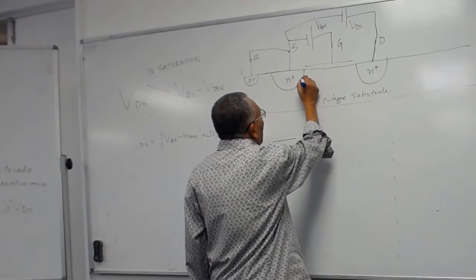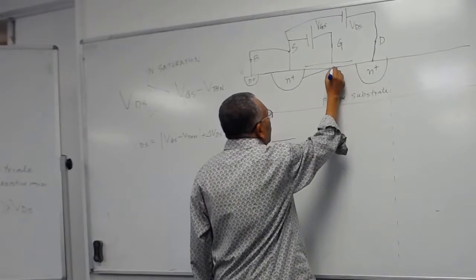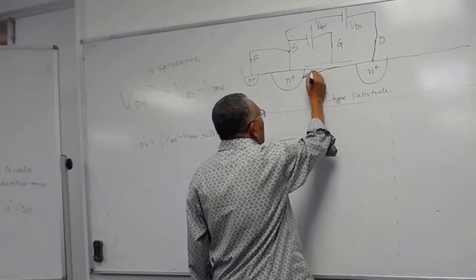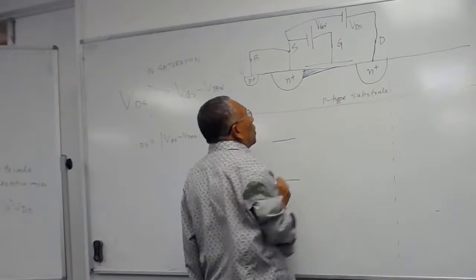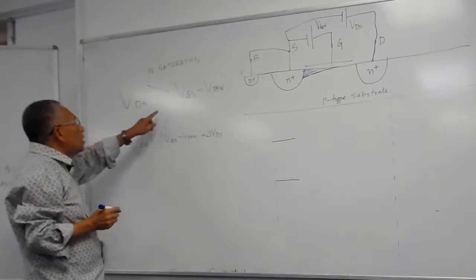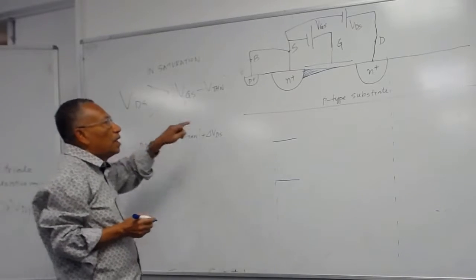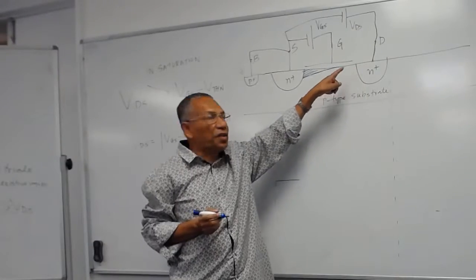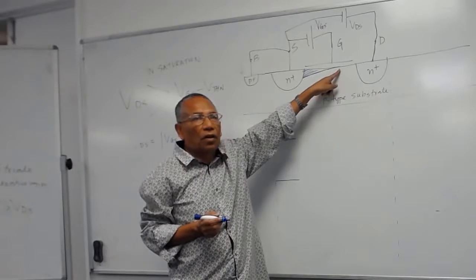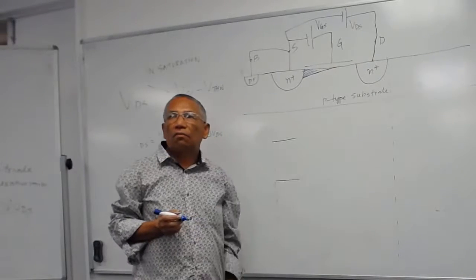So you'll have a channel. The channel tapers off. When VGS minus VTH is smaller than VDS, the channel will not go all the way. The channel will taper off somewhere here. It will not go all the way up to the drain.